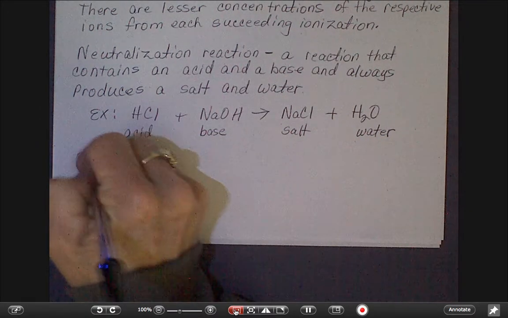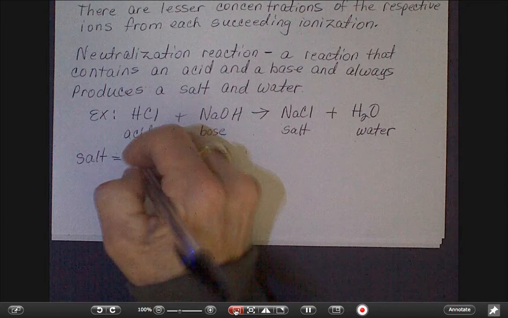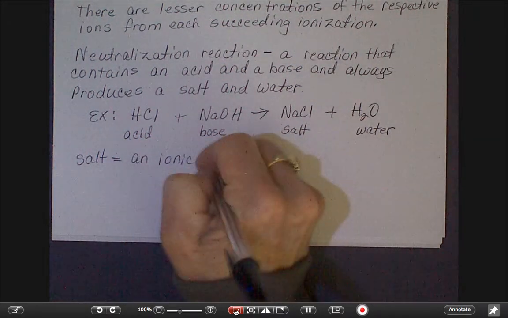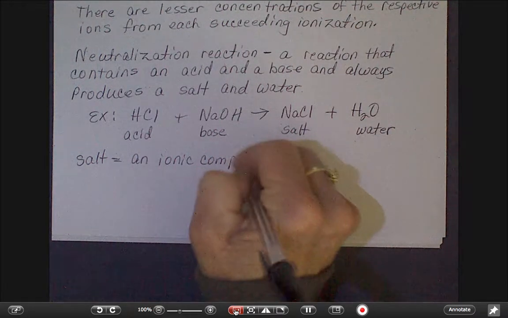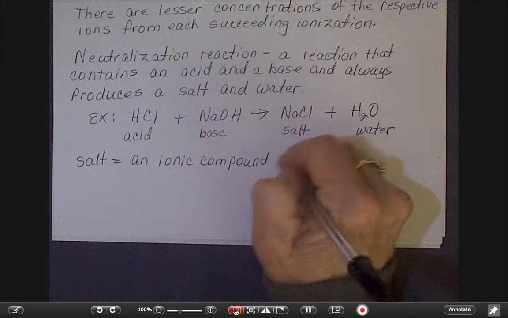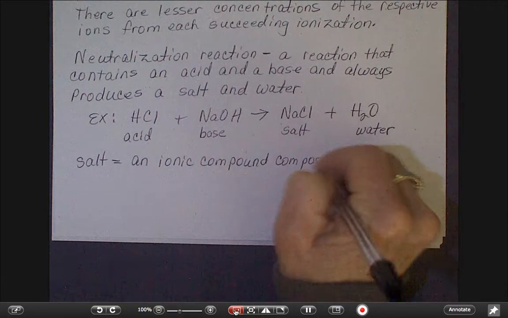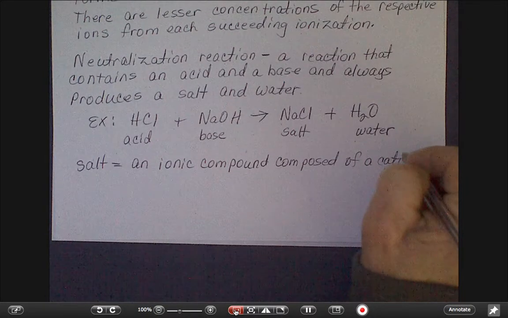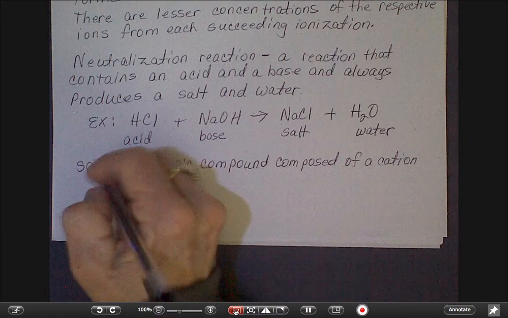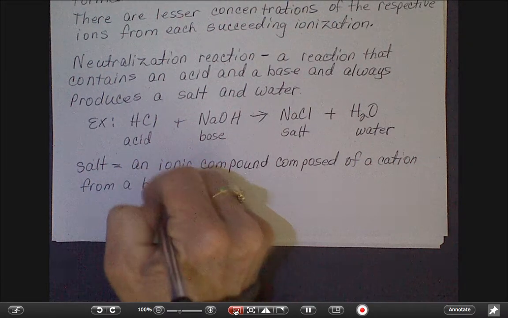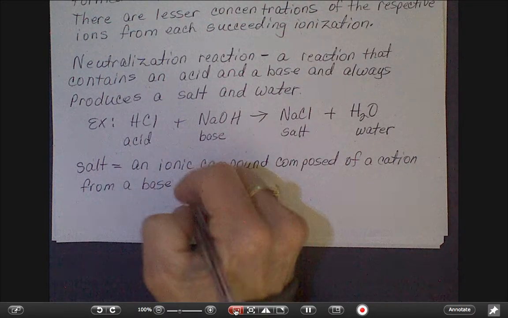Salt, an ionic compound composed of a cation from a base and an anion from an acid.